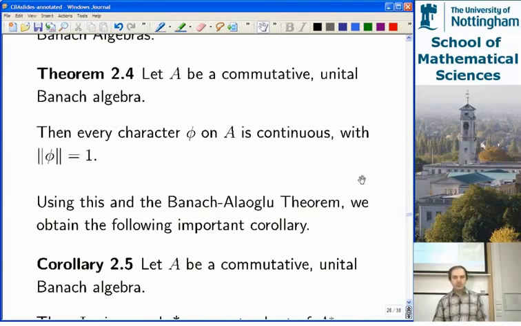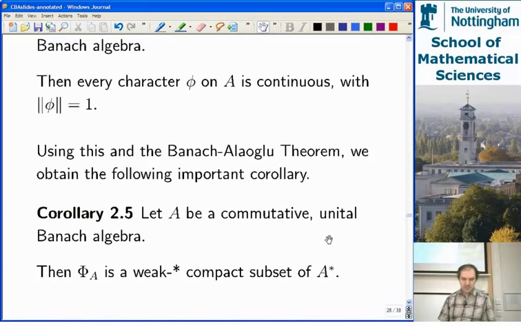And now you put this together with the Banach algebras theorem. We now know that the character space is contained in the closed unit ball of the dual. Remember. Okay, don't worry. So let's just have a look at this.